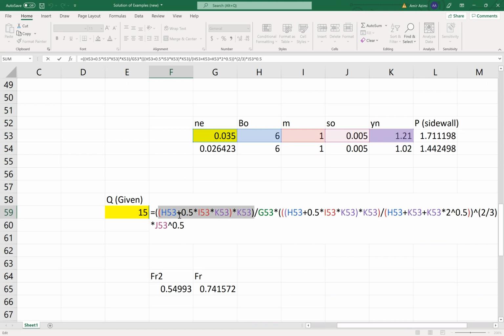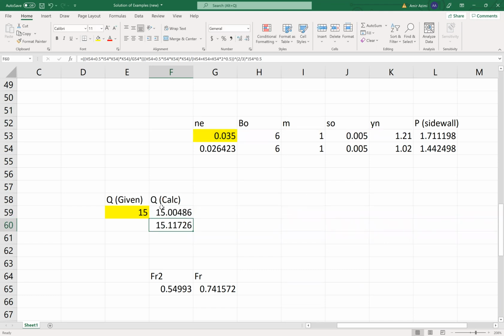So this is the area, B plus m divided by 2 times Yn, and then everything multiplied by Yn. And then we divide by the equivalent Manning constant, then area divided by wetted perimeter to the power of 2/3, multiplied by slope to the power of 1/2.